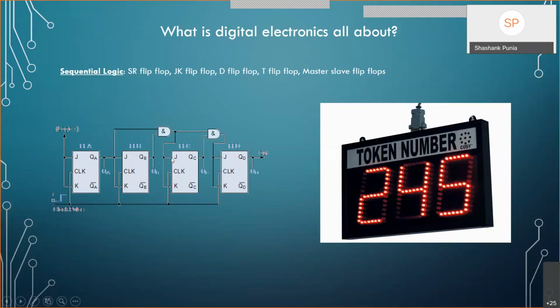How I utilized it is I studied the case of the token number system. How do they actually update these token numbers in banks and in Domino's? When you sit and see these displays, they have this token number system. If you take your personal interest and start figuring out how they actually do this, then the circuit becomes a cakewalk.